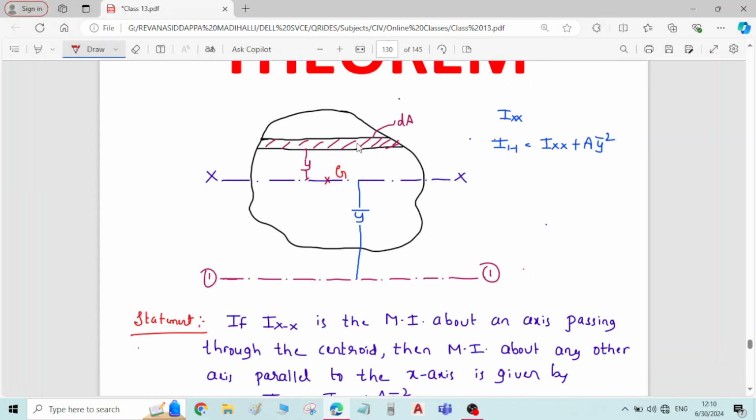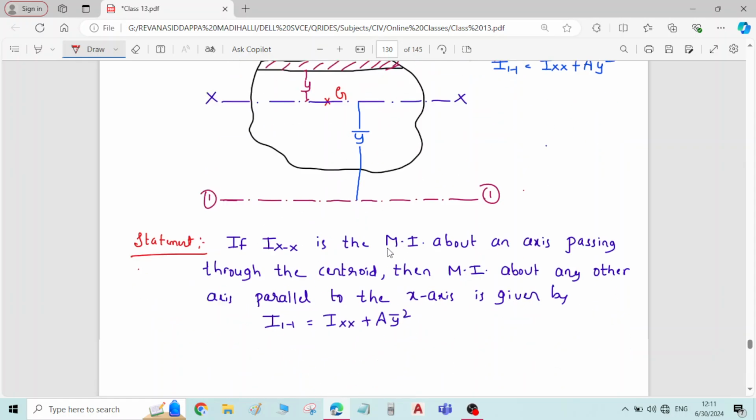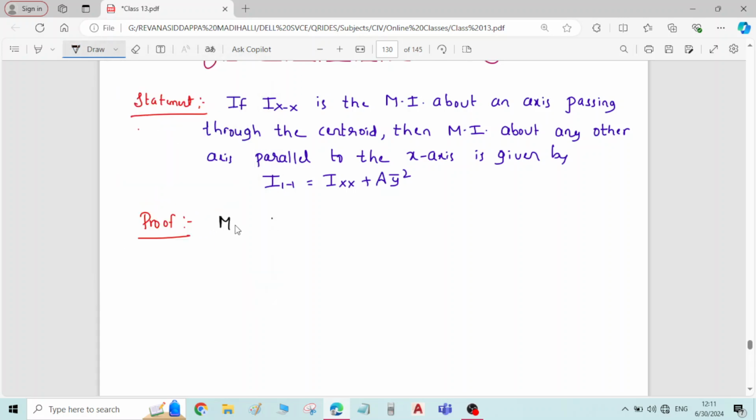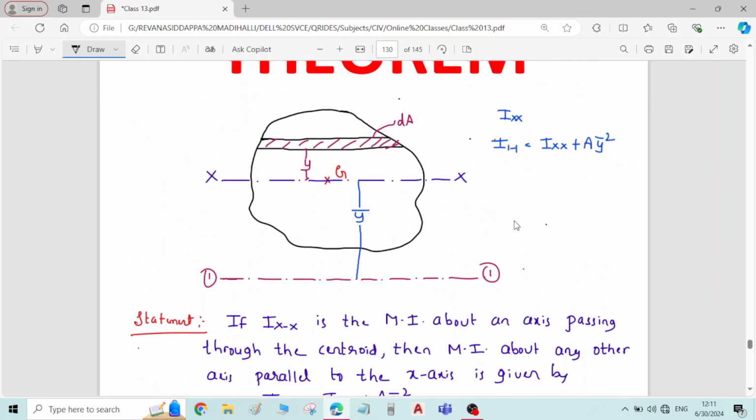Now we will measure the moment of inertia of this elemental strip about axis 1 1. We know that moment of inertia is the product of area into perpendicular distance square.